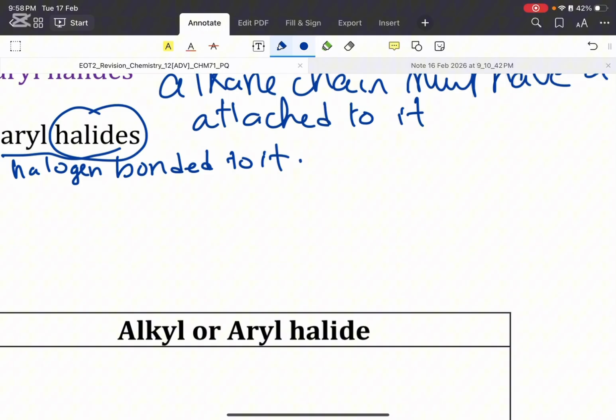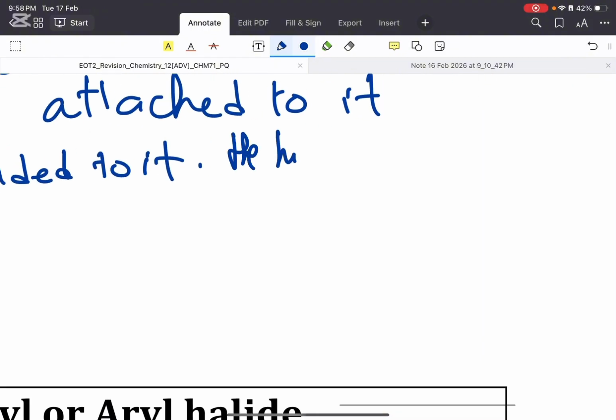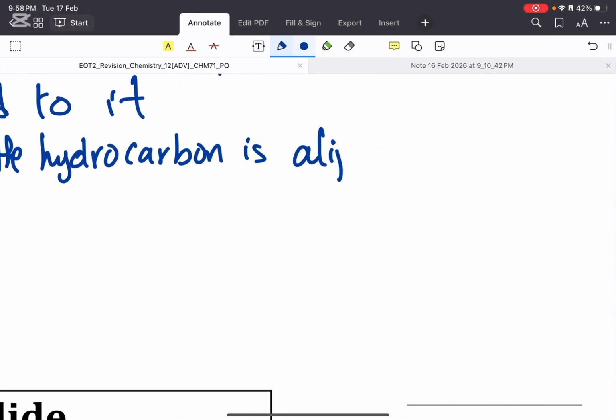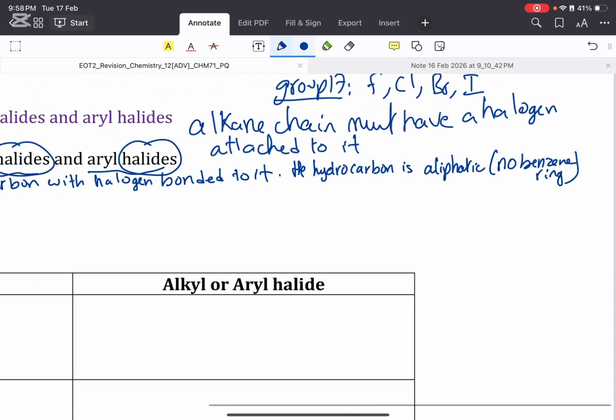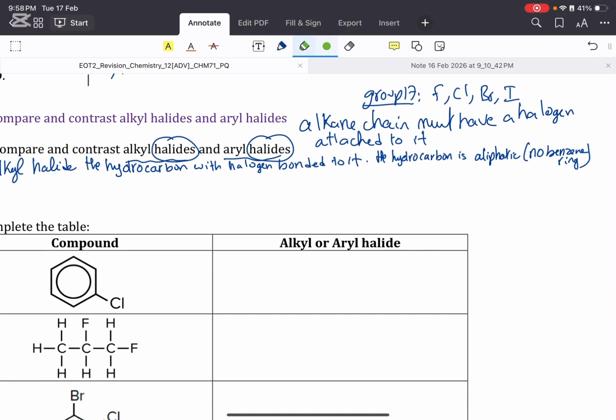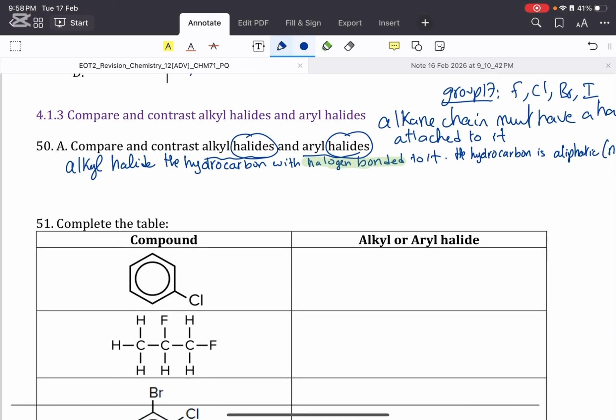So you either say the hydrocarbon is aliphatic, or if you find that word hard, it means no benzene ring. So the hydrocarbon must not have a benzene ring, only the halogen bonded to it.